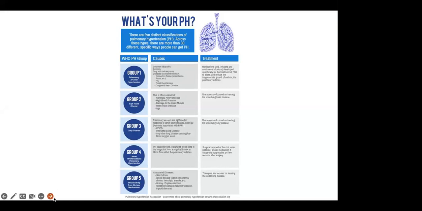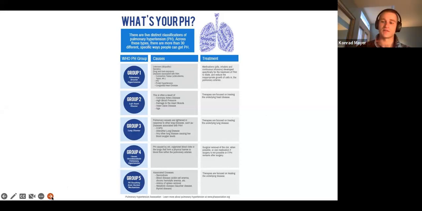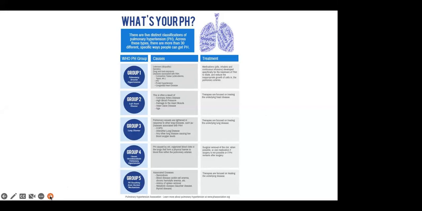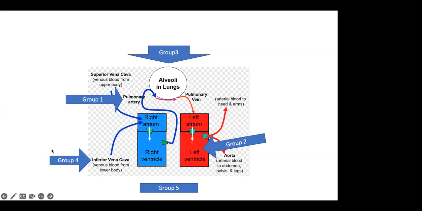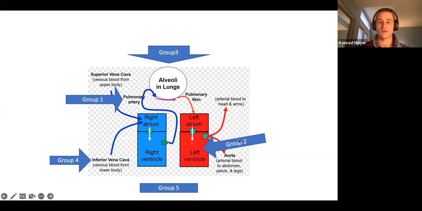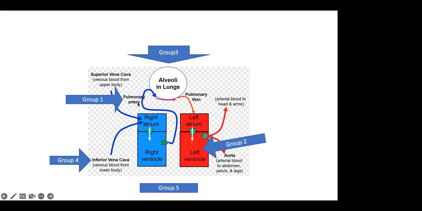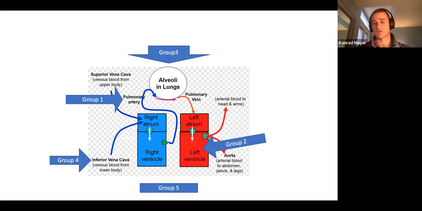So moving on to how we organize these groups in a way that we can learn and understand pulmonary hypertension. We go back to this picture, and I put arrows into the picture to see where each group interacts. Group 1 is pulmonary artery disease causing pulmonary hypertension.